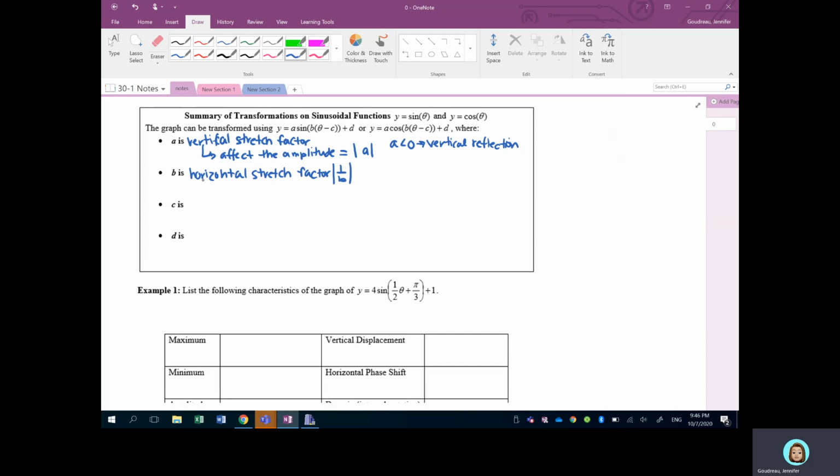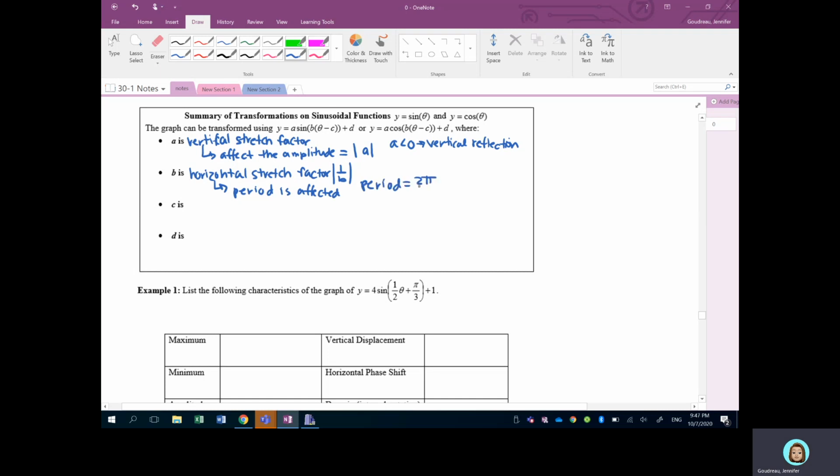We're talking about changing that horizontal interval. That interval is called the period. So the period is affected by B. In fact, we can calculate the period if we know B.